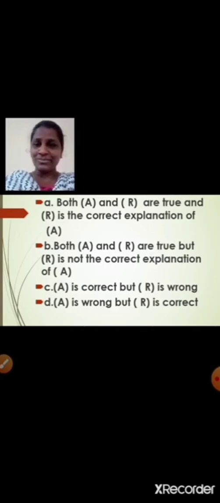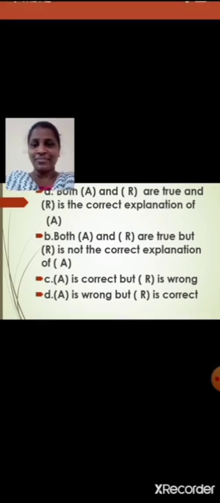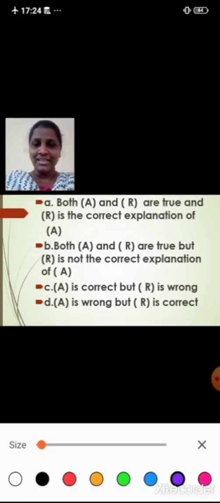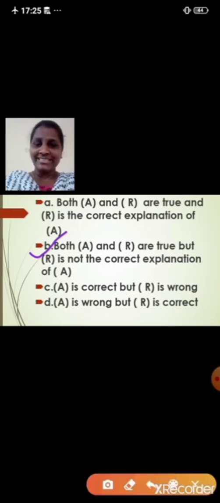Yes, students, which one you will click? Which is the correct option? Yes, the B one. Both A, that is assertion, and reason are true, but reason is not the correct explanation of assertion. So the correct option is B. I hope it is clear.